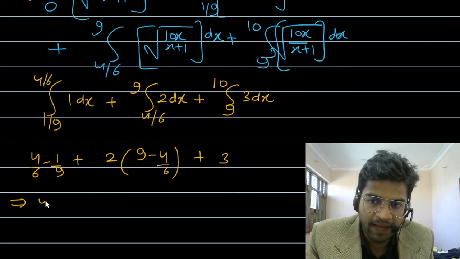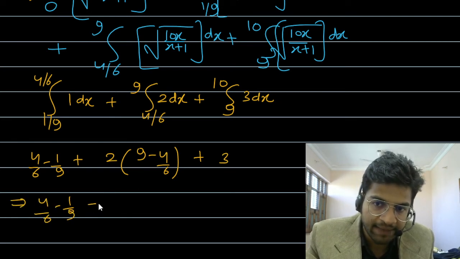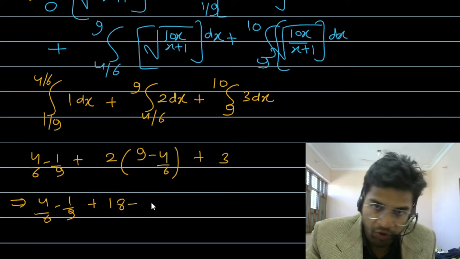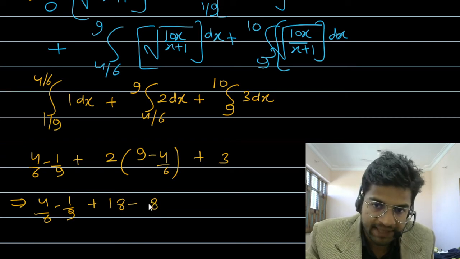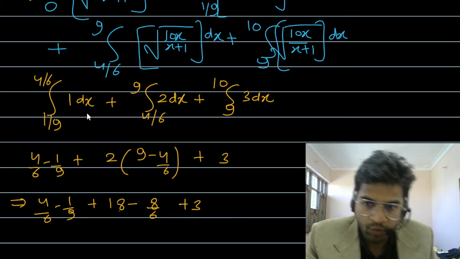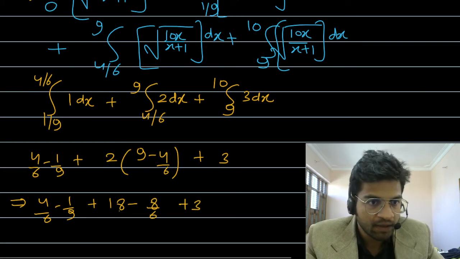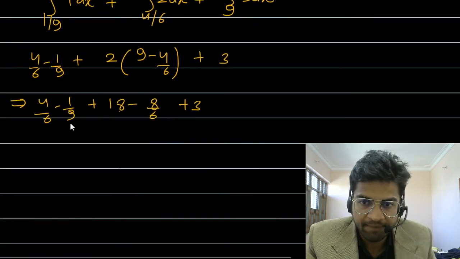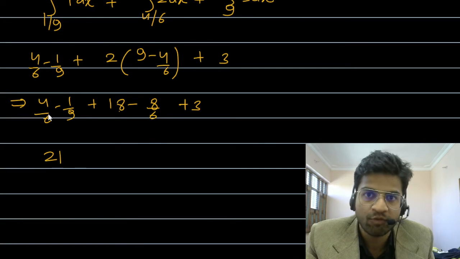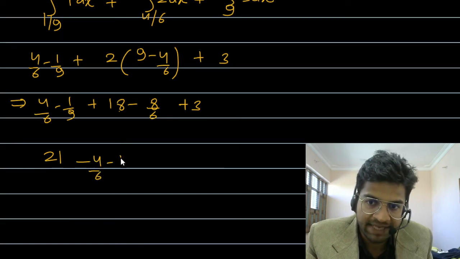So this is 4 by 6 minus 1 by 9 plus 18 minus 2 into 4 by 6, that is 8 by 6, plus 3. So we have 18 plus 3, 21. So 21 minus 8 by 6 plus 4 by 6 minus 1 by 9.